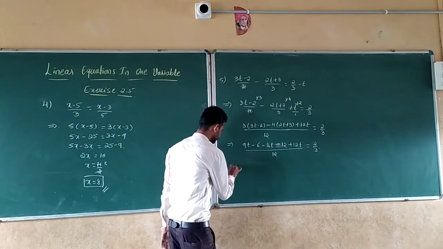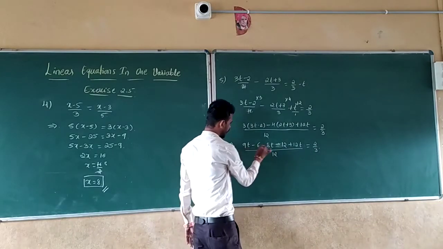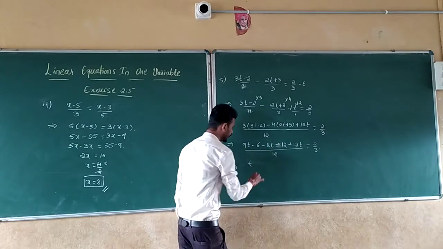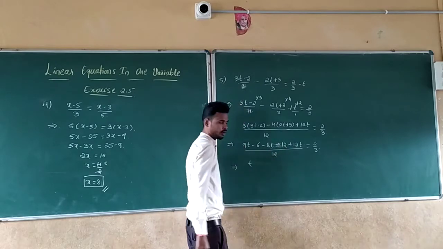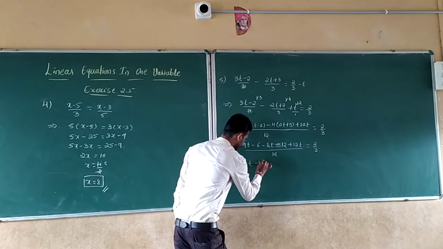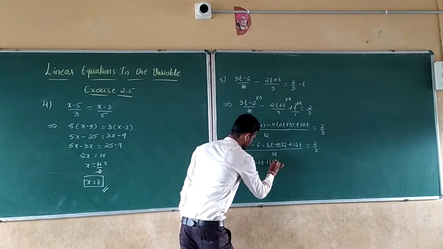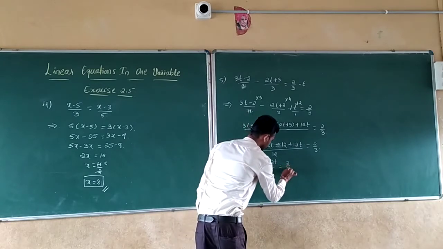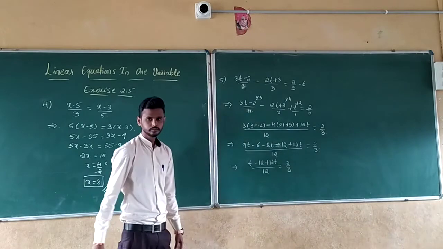So now 9t minus 8t, how much you will get? T, means 1t, minus 6 minus 12, how much you will get? Minus 18 plus 12t divided by 12, which is equals to 2 by 3.